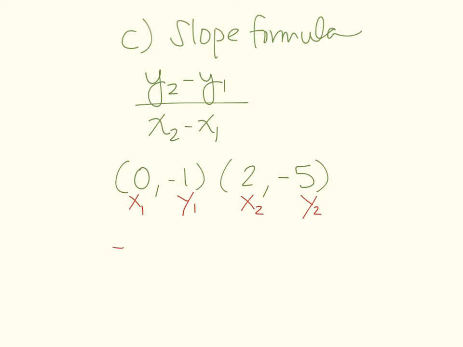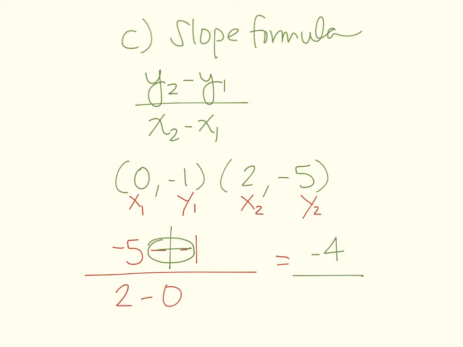So we're taking y2, which is -5, minus y1, which is -1, over x2 minus 0, okay? This negative and a subtraction becomes a positive, so it becomes -5 plus 1, which equals -4, over 2 minus 0 is 2. We simplify, it's -2 over 1. You must simplify, okay? So that's the slope formula.